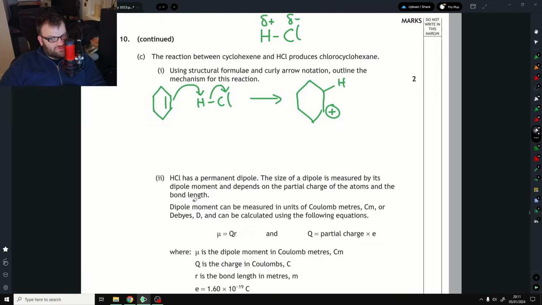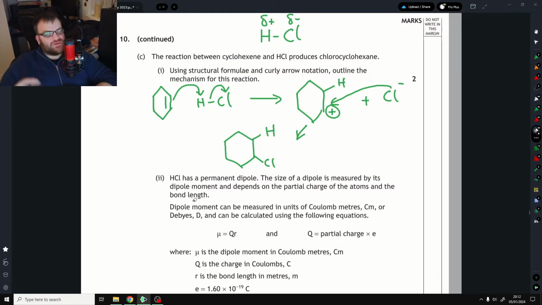That will leave you with your intermediate that's got your ring, a positively charged carbon, and then you've also got your H on there. That chlorine that was kicked out is now negatively charged and will be attracted to the positive carbocation. That will then join up to make your cyclohexane. Double bond's broken, and we get to there.